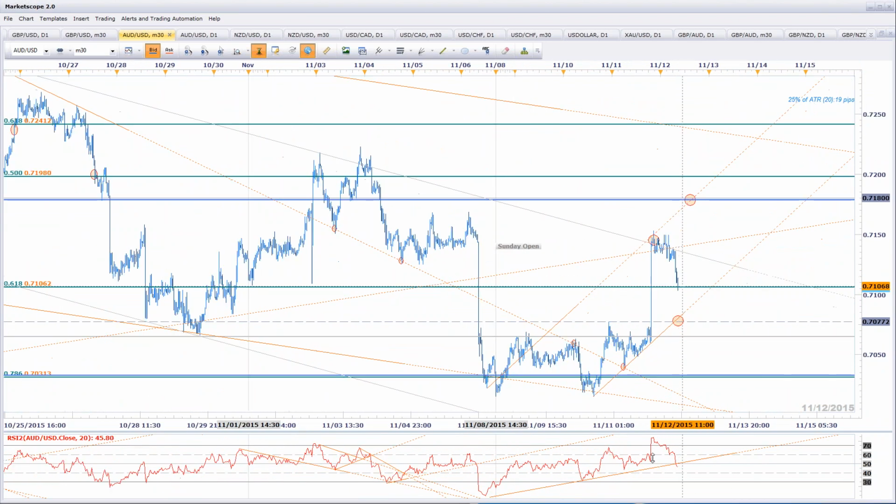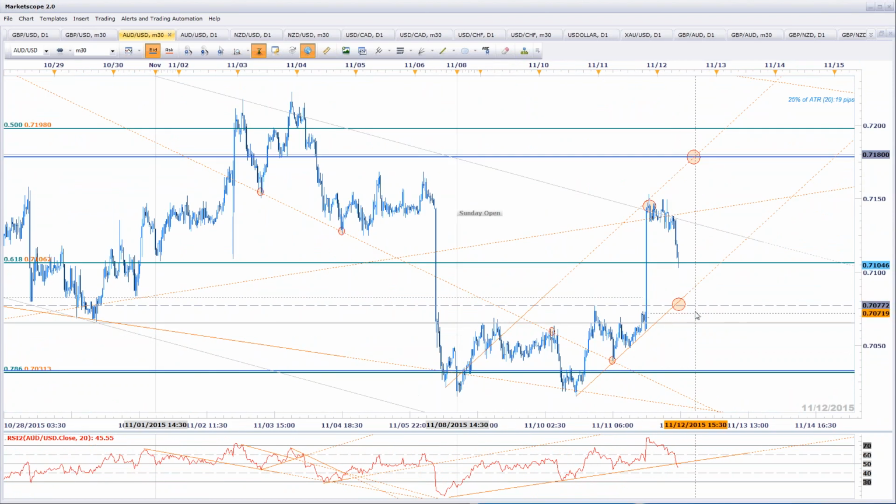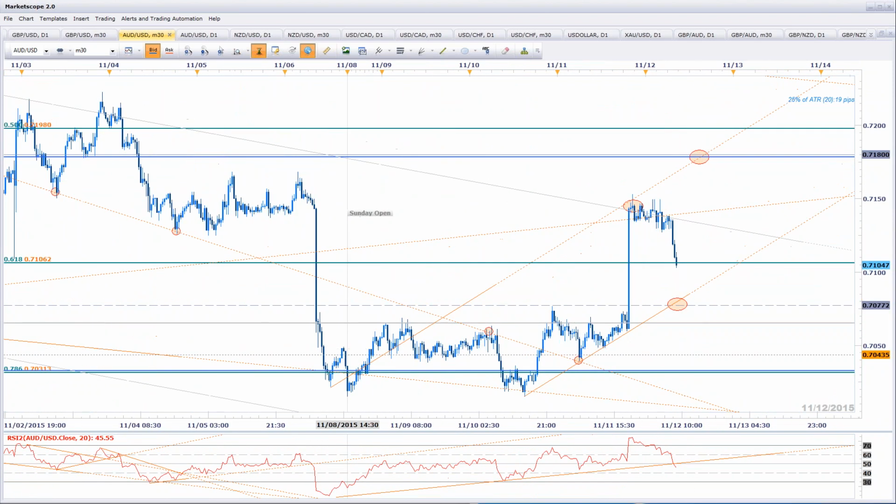So the pullback hit the initial support we talked about last night, 71.06. The bullish invalidation level isn't until down here. What is 70.77? It is just the weekly opening range high that was invalidated on this break. Also coincides with basic trendline support off of the weekly lows here. So that's going to be the level that would invalidate the long side.